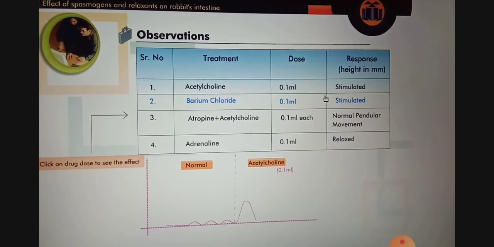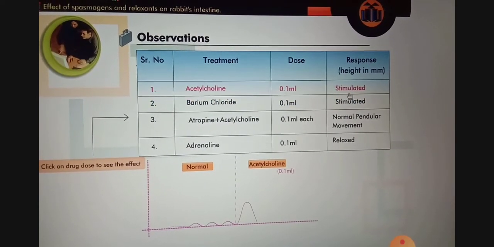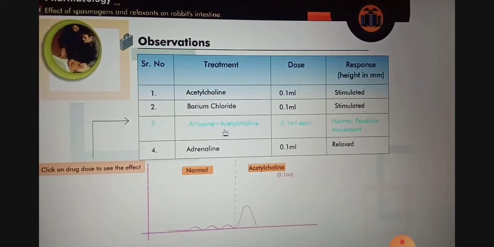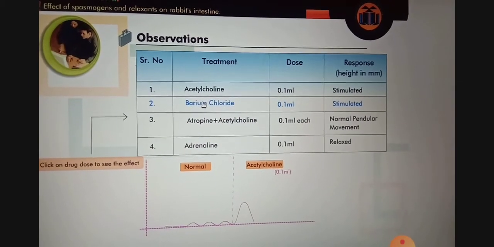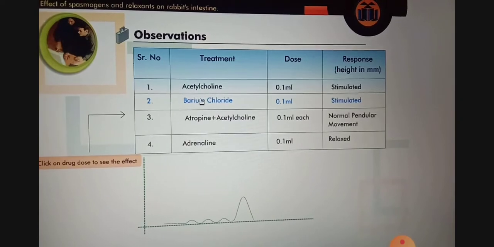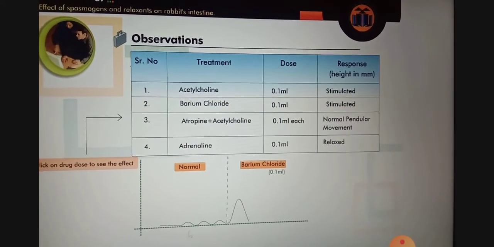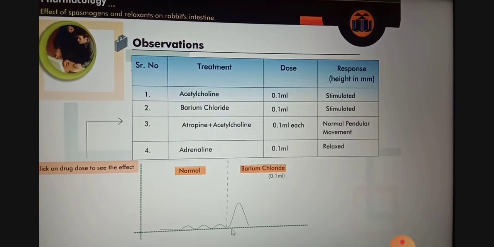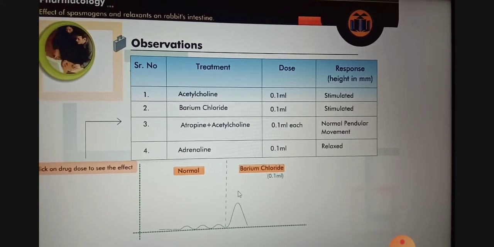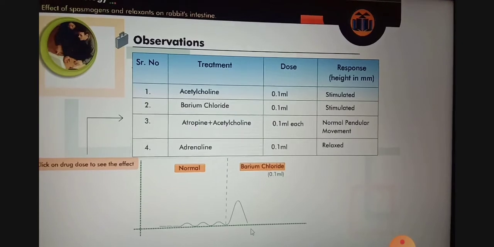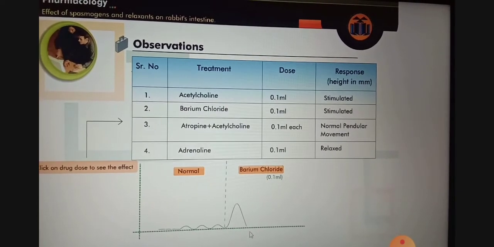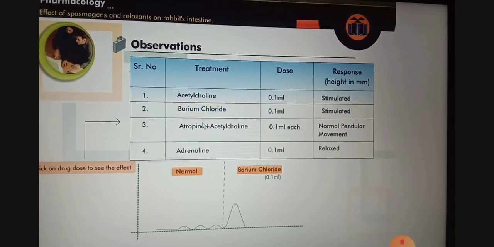That is, it shows the stimulated response, an increase in the height of that peak, due to the contraction of the smooth muscles. When we inject barium chloride, the same effect is shown. Normal pendular movement, and when we inject barium chloride, it shows the stimulated response. It means acetylcholine and barium chloride cause the contraction of smooth muscles.